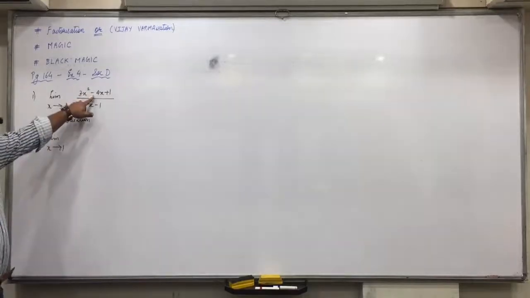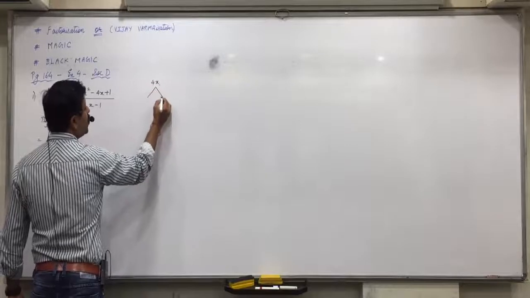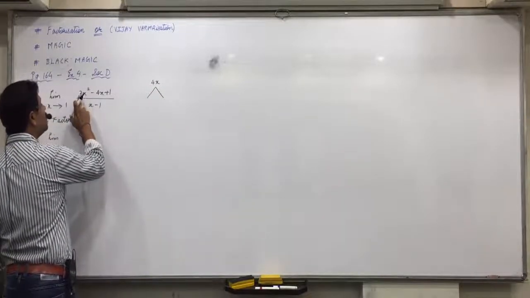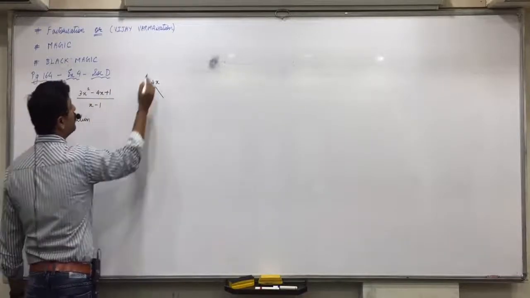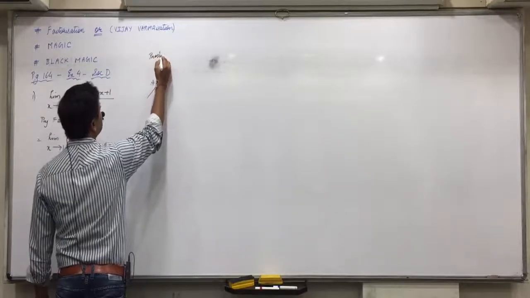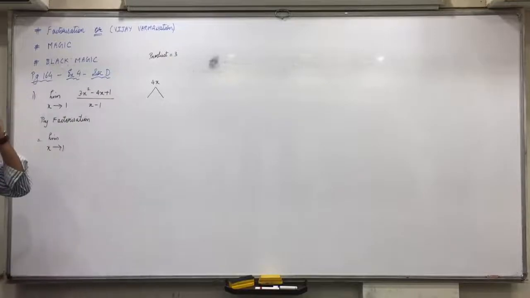Here 4x we have to split into 2 numbers such that the product of the first and last numbers, 3 into 1, 3, is the product of the 2 numbers. Okay, this is a concept of factorization.